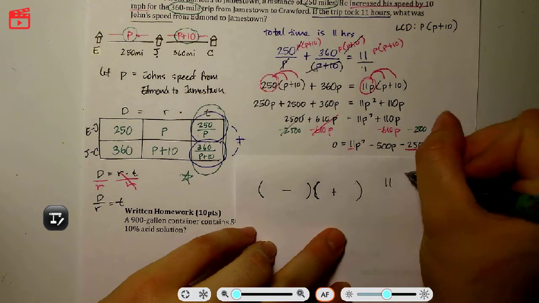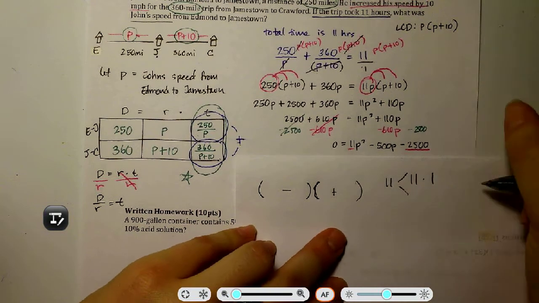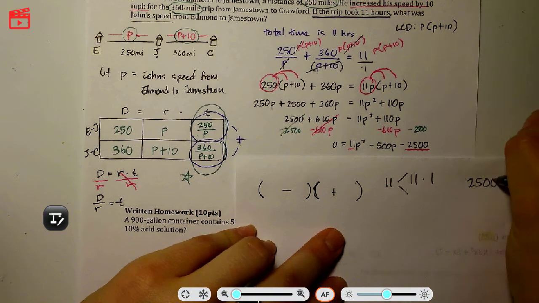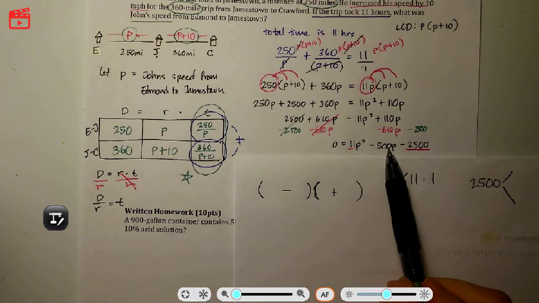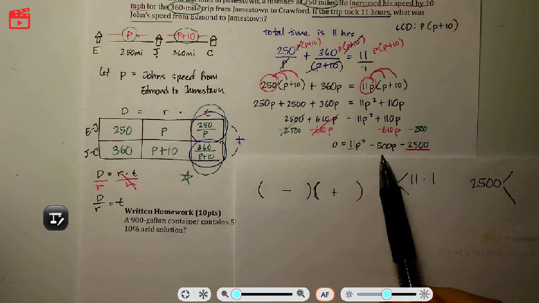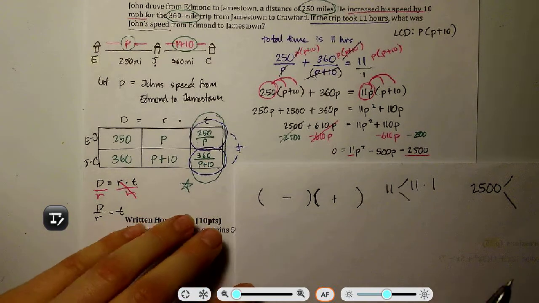Factors of 11, those are very easy. That's just going to be 11 times 1. Okay, but the factors of 2,500, that is a lot. So my goal is to end up subtracting and getting a 500. So let's just choose some factors of 2,500 that are relatively close in size.